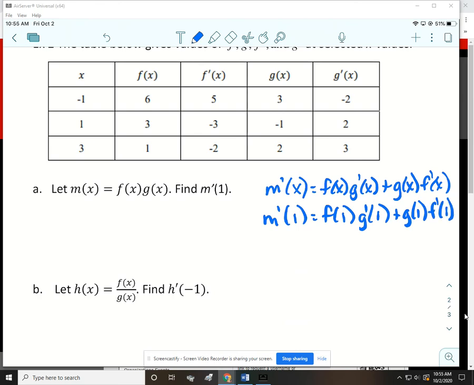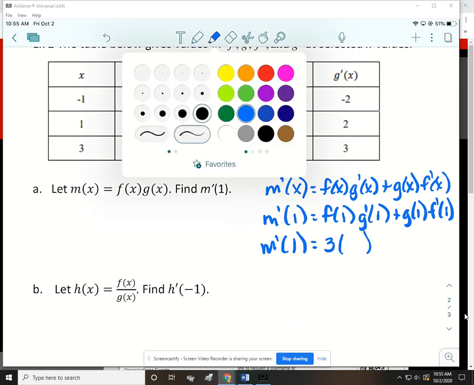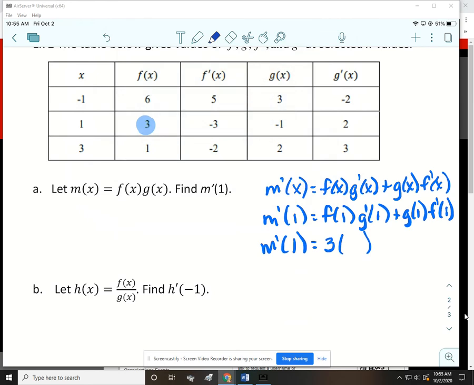All right, and to get all these things, we just go to the table. So f of 1, you go where x is 1, the f of x function is going to be 3. All right, and then we're going to multiply that by g prime of 1. So go to the g prime column in the 1 row. That's going to be 2.